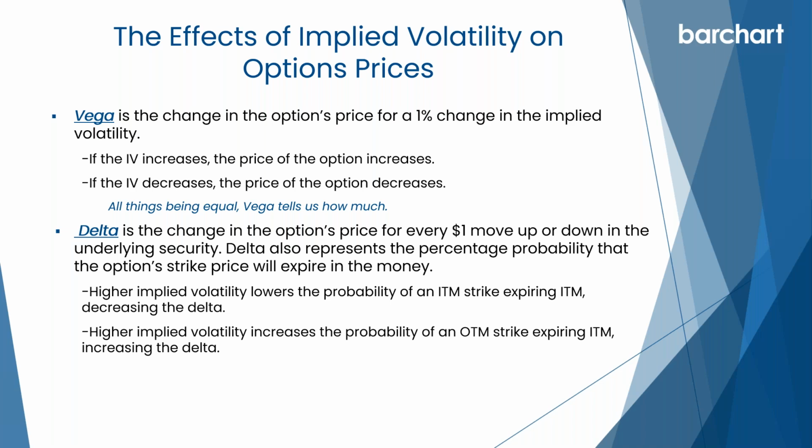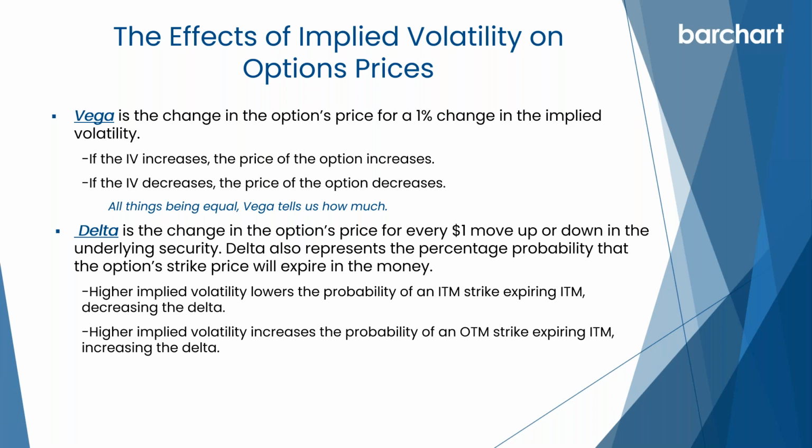Delta, another Greek, is the change of the option's price for every $1 move up or down in the underlying security. Now, delta also represents the percentage probability that an option's strike price will expire in the money. This is an important concept. High implied volatility environments will lower the probability of an in-the-money strike expiring in the money, decreasing the delta.